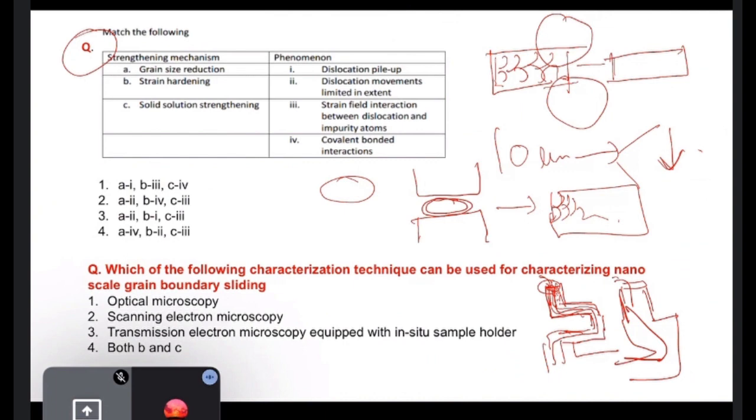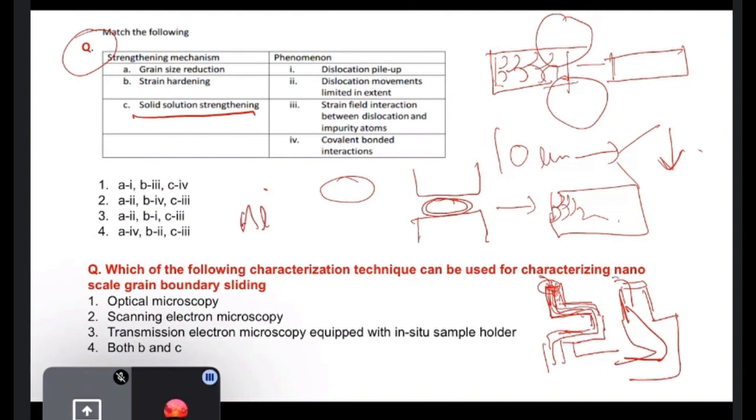Question: you have to match the following, and which of them is correct. You have to match the strengthening mechanism with its property. Do you understand solid solution strengthening? Two different materials are mixed, or reacted, at certain pressure and temperature.